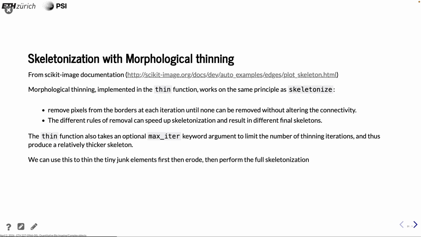And there are, as I said before, also very many different algorithms. So one is called morphological thinning, and that is essentially that you apply an erosion until you reach the minimum thickness.